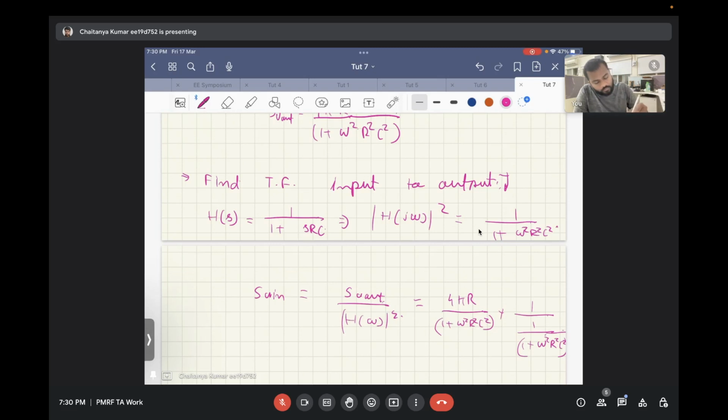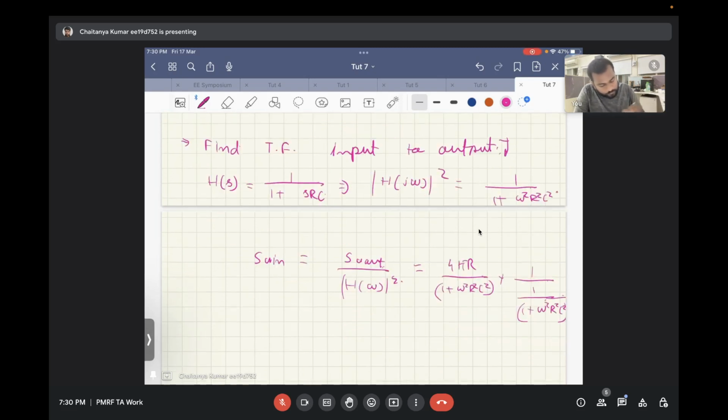Do you follow this? Sir, could you please repeat again, SV out by H omega square, and the 4 kT step? So this you understand, right? Yes, sir. Next one, sir.